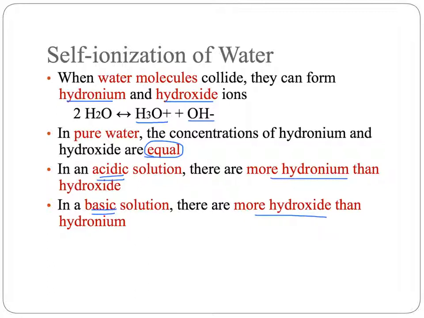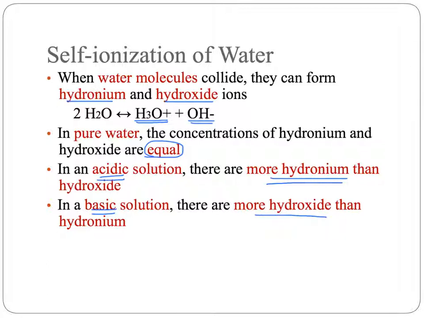So when we're talking about how we determine whether something is an acid or a base, on the chemical level, we're looking at what's happening between hydronium and hydroxide. So if you add a substance that will donate hydrogen, then you'll end up with more hydronium because those donated hydrogen will be picked up by your water molecules and make hydronium.